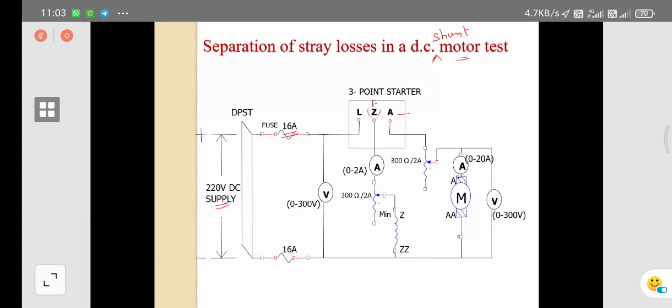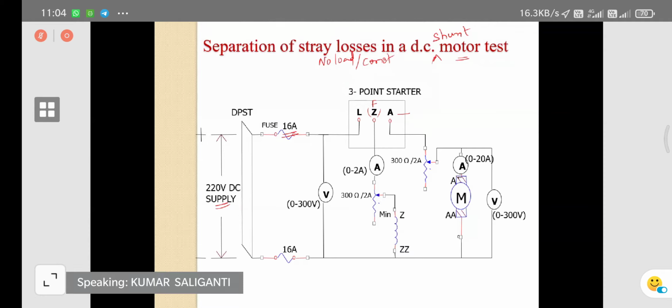Suppression of stray losses in a DC shunt motor test. Generally, the suppression of stray losses means the no load losses, and no load losses are constant. The magnetic losses, that is iron or core losses, and mechanical losses together are called stray losses.